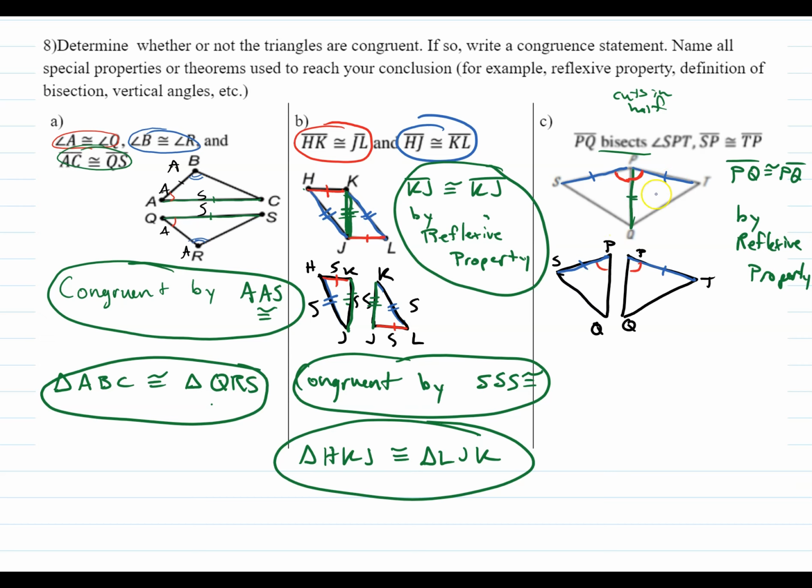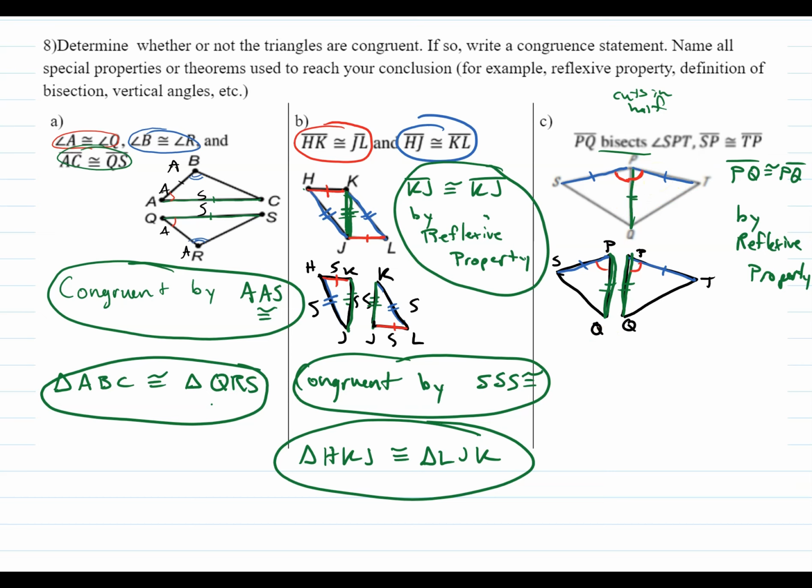If you were to split this triangle down the middle into two triangles, we know the red angles are the same between the two triangles, and we know the blue sides are matching, but the only reason we know that PQ and PQ are matching is because originally they were touching and they were the same side. So if you cut it apart, these two sides will have the same length. This is the reflexive property. If two sides are touching, then they have the same length for each triangle.